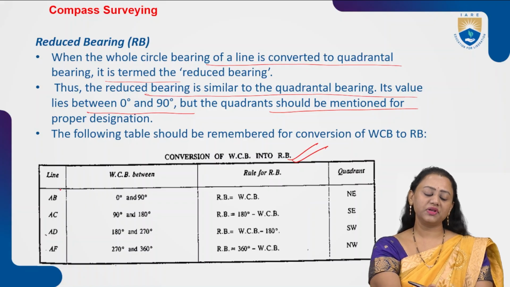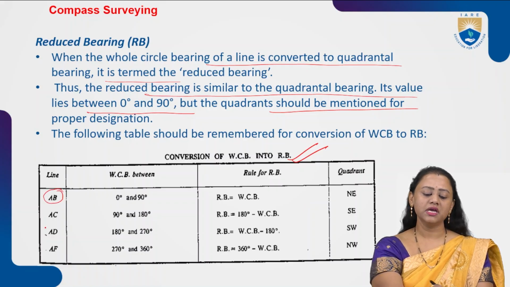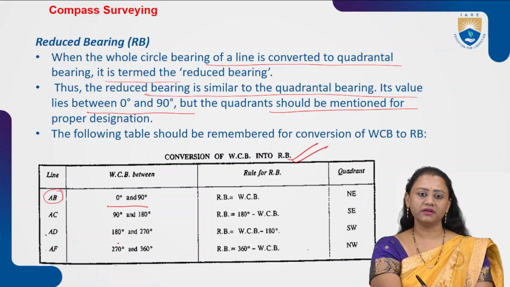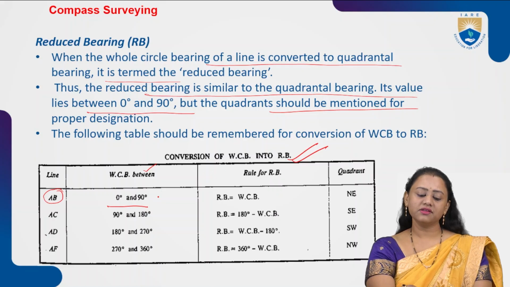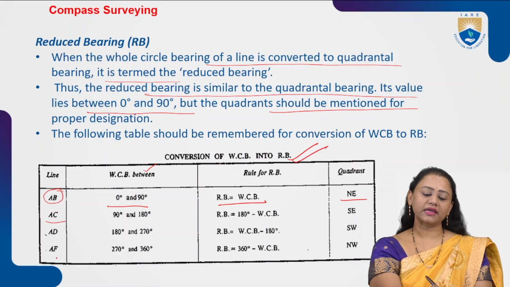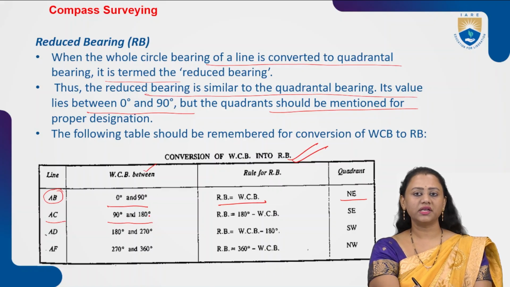As seen in the previous diagram, there is a line AB lying in the first quadrant. Then the whole circle bearing is between 0 to 90 degrees. For such a line, the reduced bearing is equal to the whole circle bearing, and it is in the northeast quadrant. For a line AC in the second quadrant, the angle lies between 90 and 180 degrees.